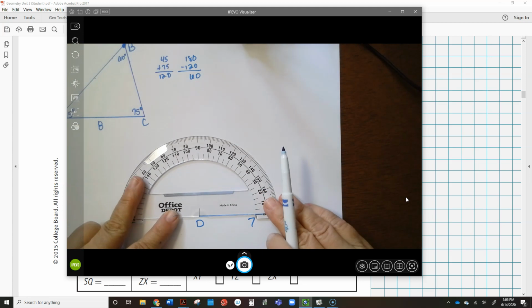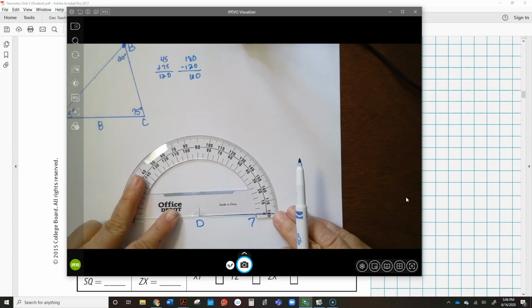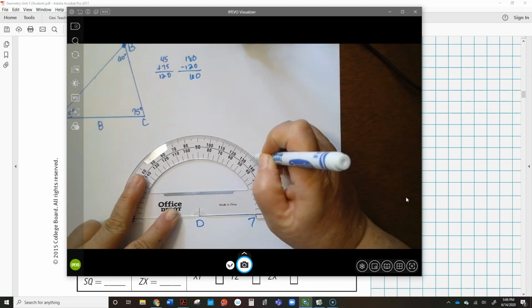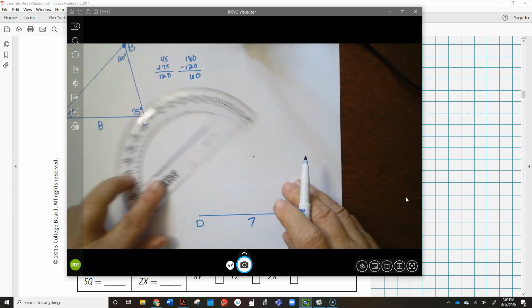I'm going to draw a 45-degree angle. And on this one, I'm going to go a little bit faster because you've already done it with me. So there's 45 degrees.